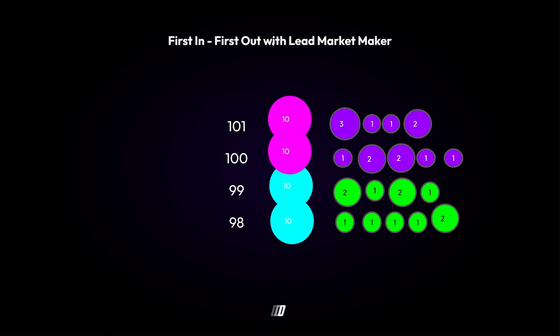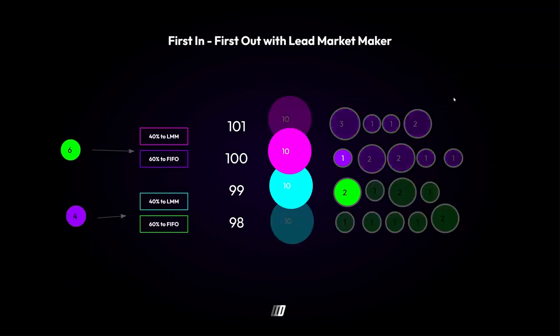And with a first in, first out with lead market maker type of matching algorithm for order routing in exchanges, you get all of the volume that comes in as aggressive orders split pro rata between a market maker and then with a normal FIFO to all of the rest of the market participants.